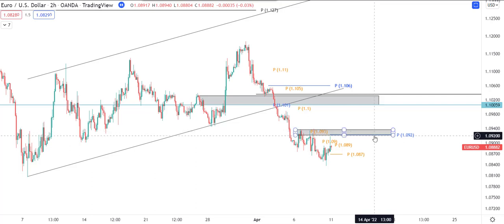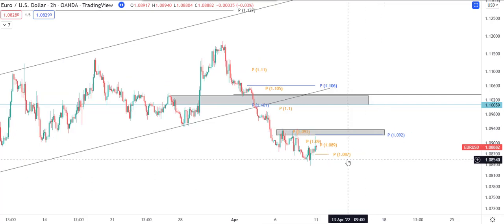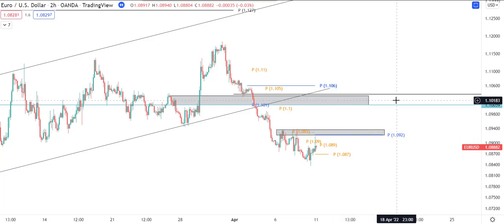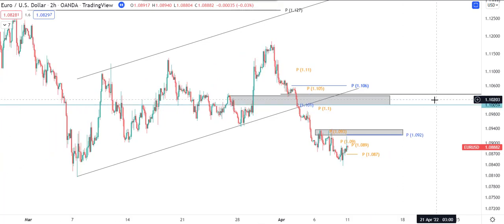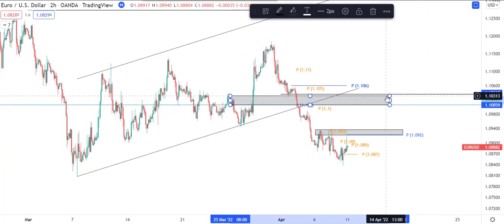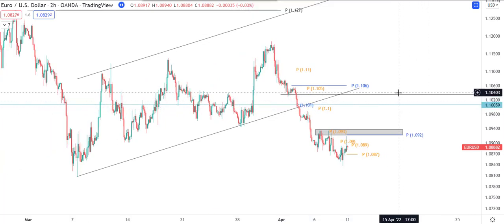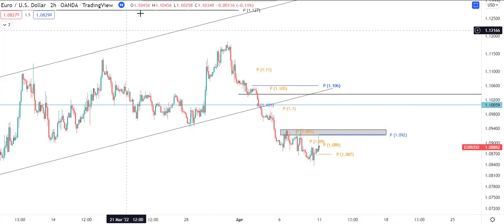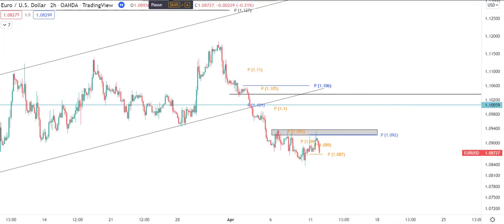I want to sell. If we break above that level, then the market will expose the previous level, the monthly pivot that we wanted, at this area up here. Let's see how it goes.